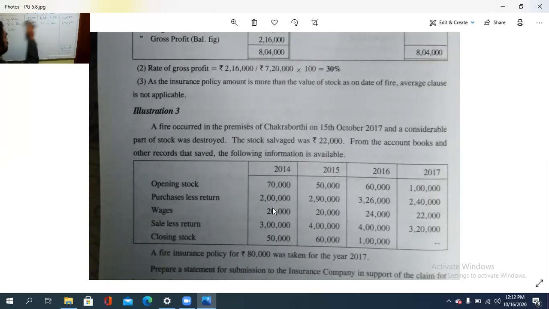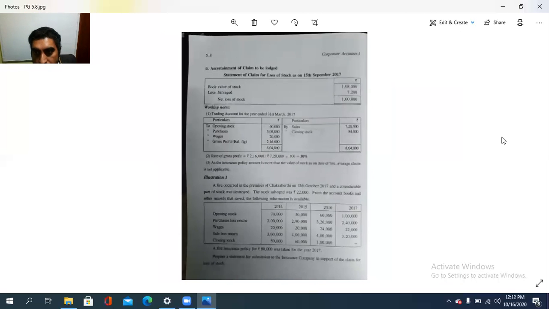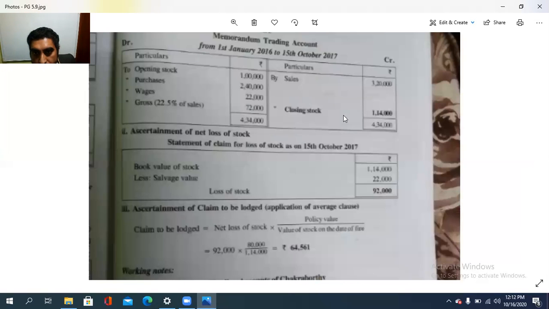So next, this is the memorandum revaluation account we prepared. The next procedure is to calculate the net loss on stock of fire. See, the statement of claim for loss on stock of fire as on the 15th October.